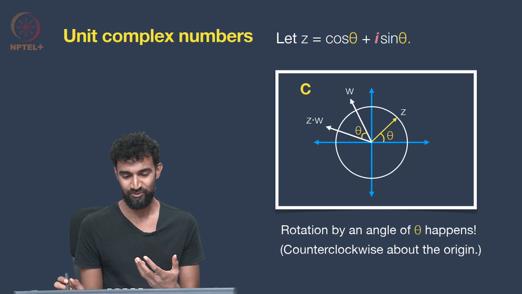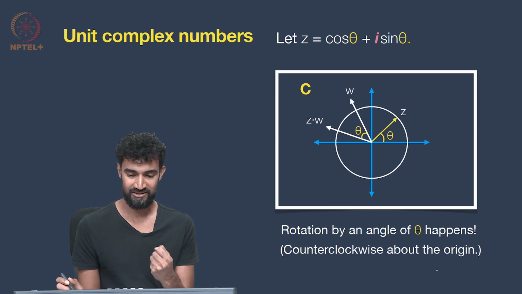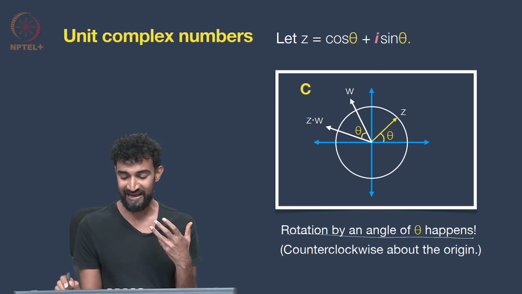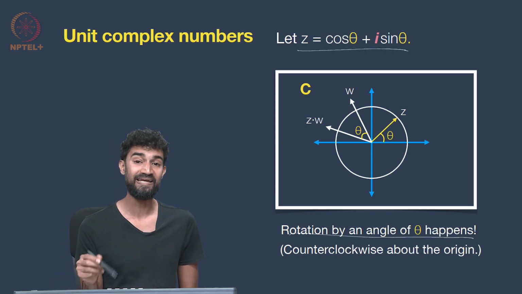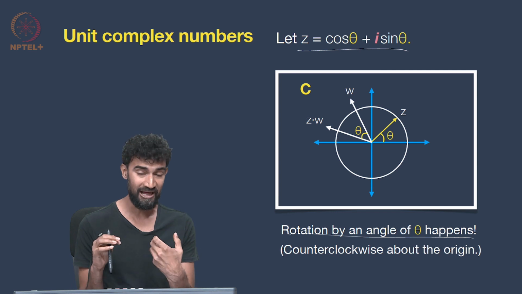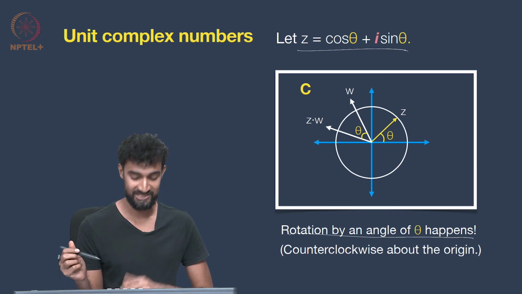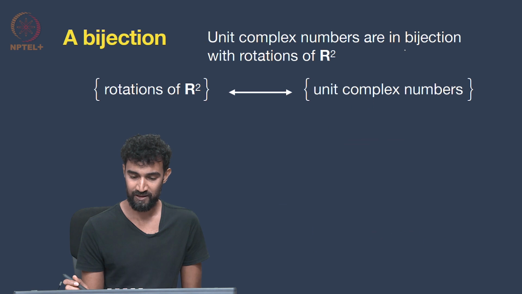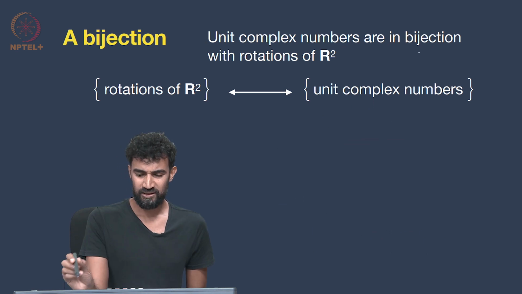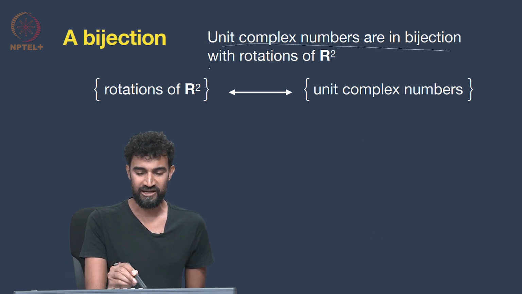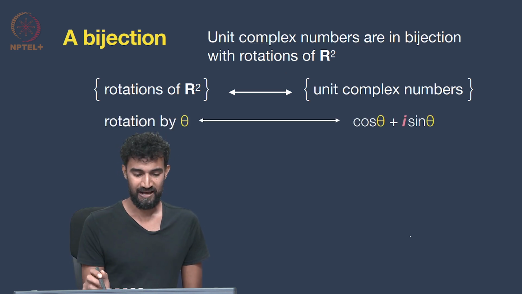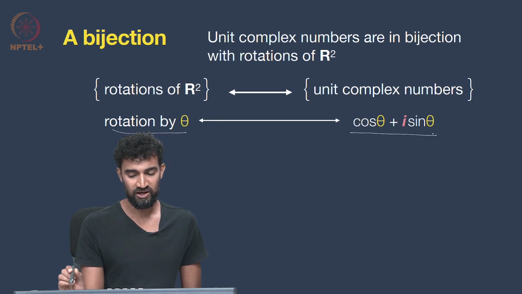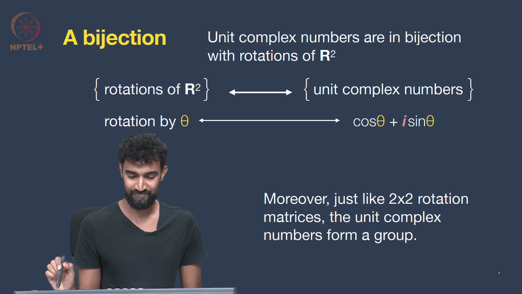So z performs rotation by an angle of theta when we multiply it to any vector, any complex number in the complex plane. So unit complex numbers are in bijection with the rotations of R2. A rotation by theta corresponds to the unit complex number cosine theta plus i sine theta.